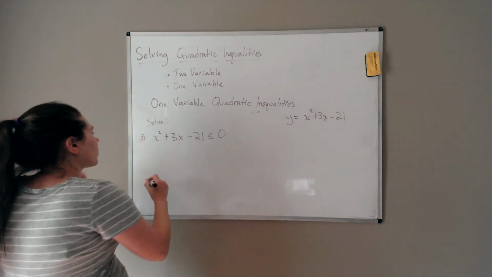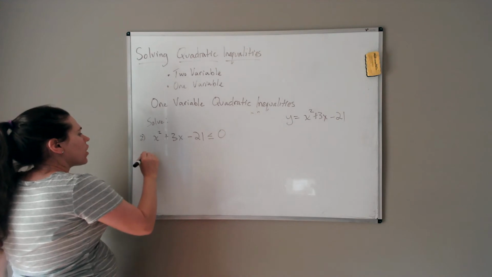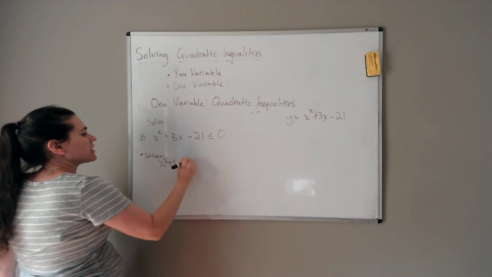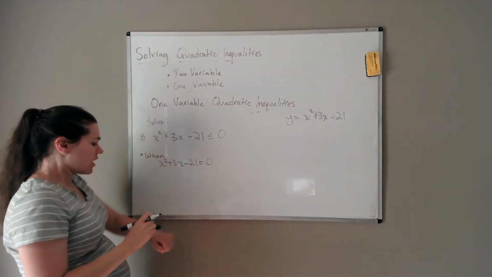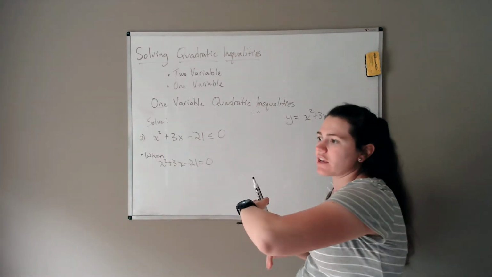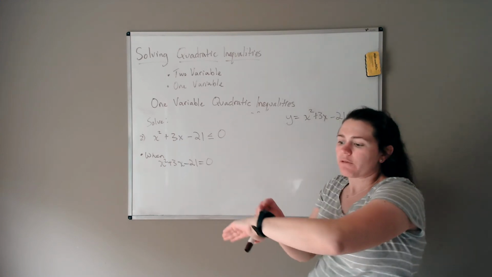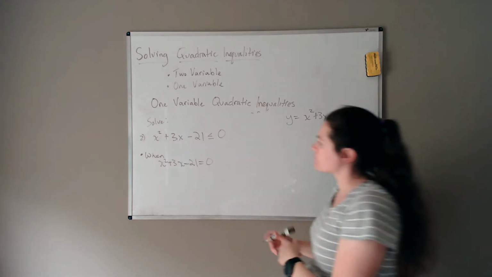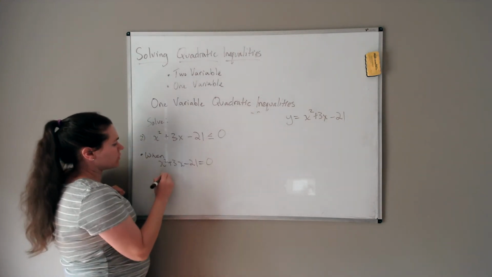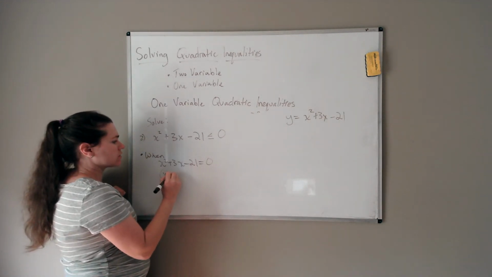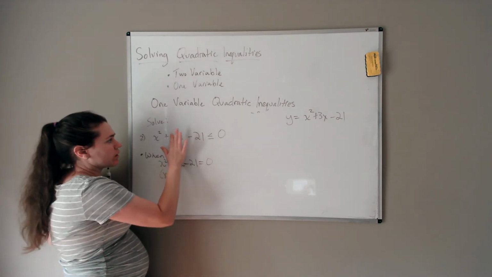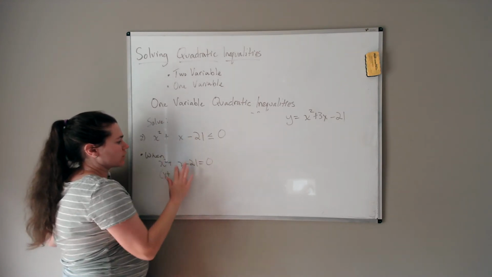So what is important first is, when does x squared plus 3x minus 21 equal 0? Because that is going to be the separation. 0 separates your positives from your negatives. So, solve this. Let's see. This is factorable. Oh, let's change this a little bit so we can actually factor it.